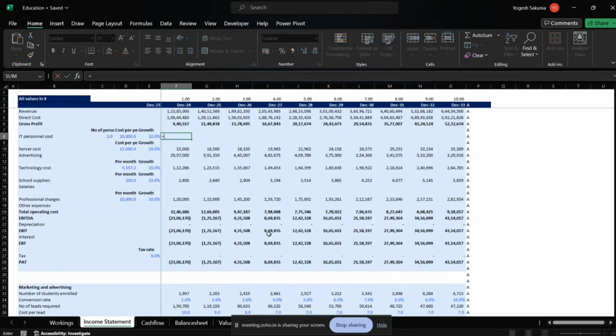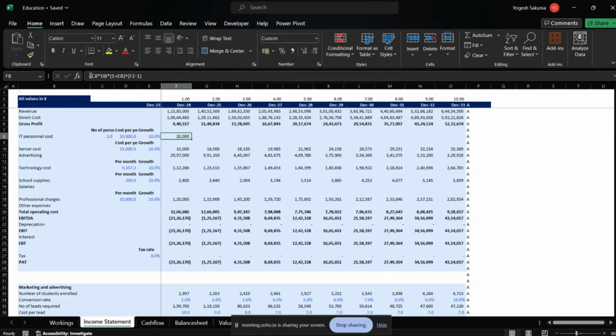So number of persons multiplied by their salary multiplied by 1 plus the growth rate, power this minus 1. The first year there should not be any growth.